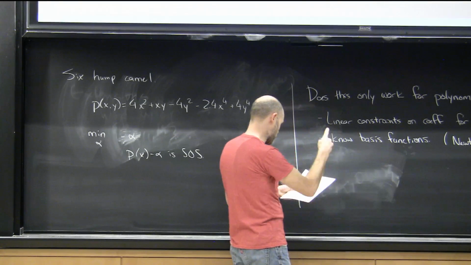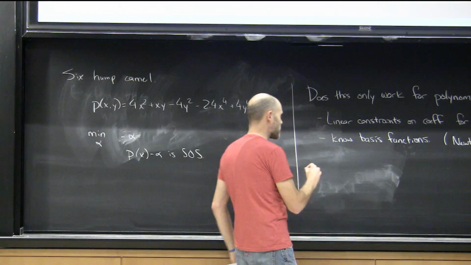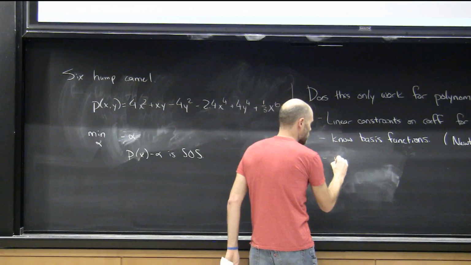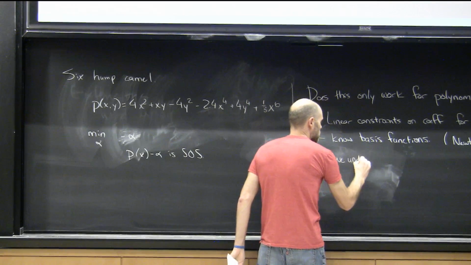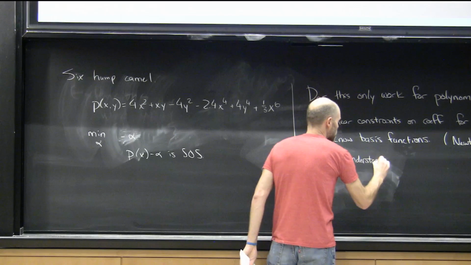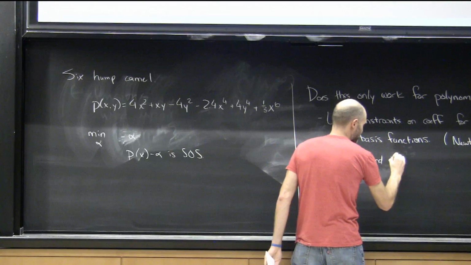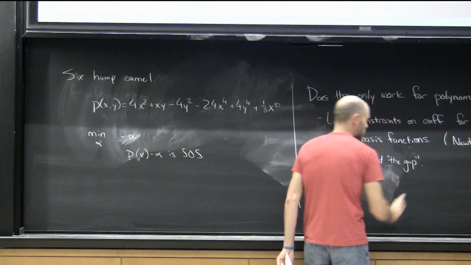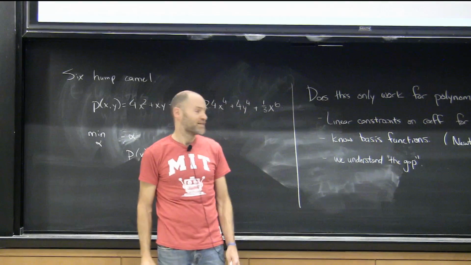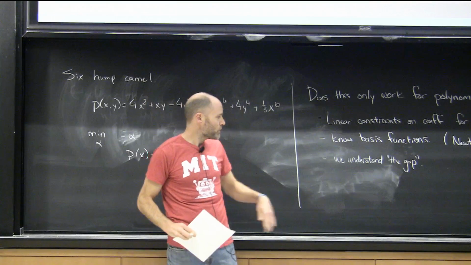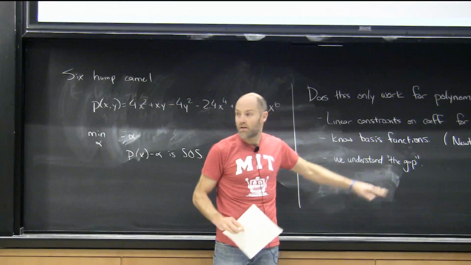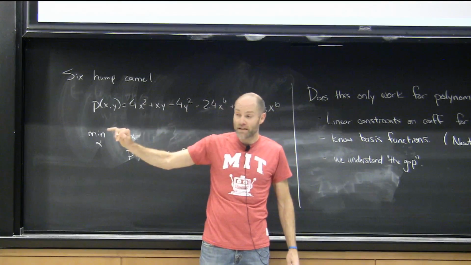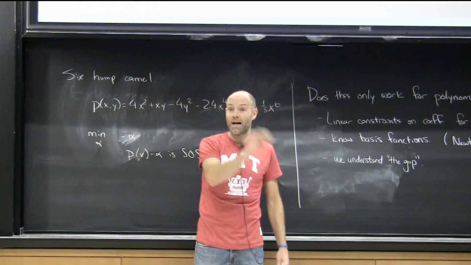Yeah, the coefficient matching. And the other thing is that we roughly understand the gap. So we said that if you can find a sums of squares polynomial, it's definitely positive.